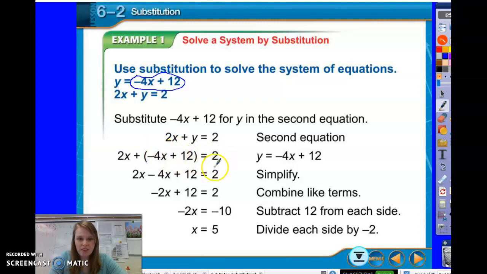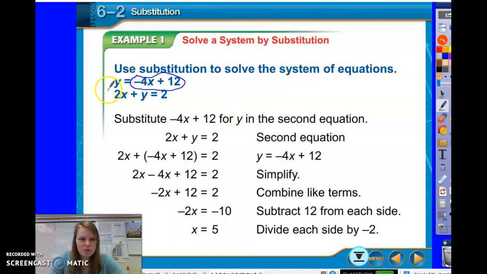Now, do math. Figure out what x is. Get x on a side by itself. X equals 5. So they dropped the parentheses, combined like terms. Once they simplified, x equals 5. Now that you have x equals 5, plug this into your favorite equation.